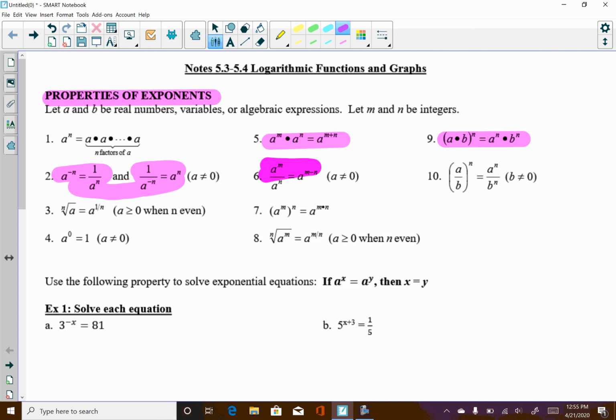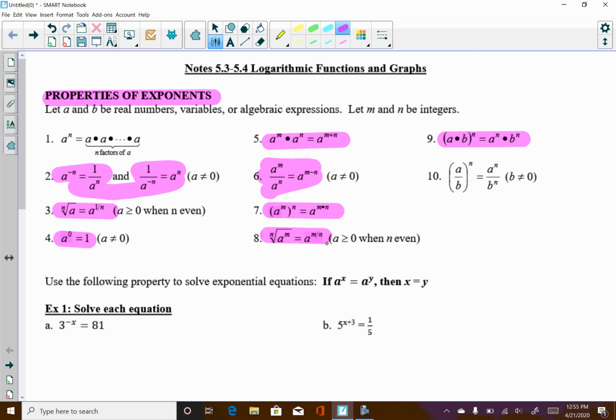When you divide exponents, you subtract. When you raise a power to a power, you multiply, things like that. Anything raised to the 0 power is 1. The nth root of a is a to the 1 over n. The nth root of a to the m is a to the m over n, for example. So I think I talked through basically everything up there.